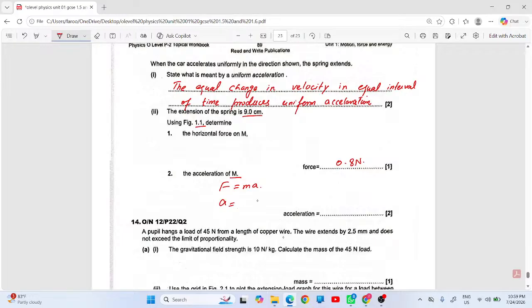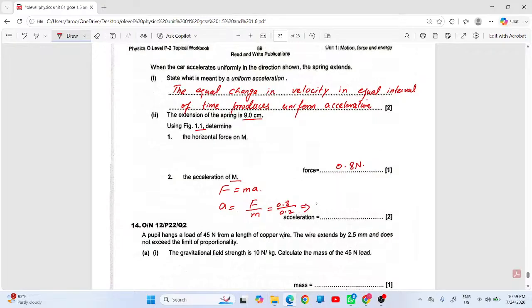A equals force divided by mass, 0.8 divided by 0.4.